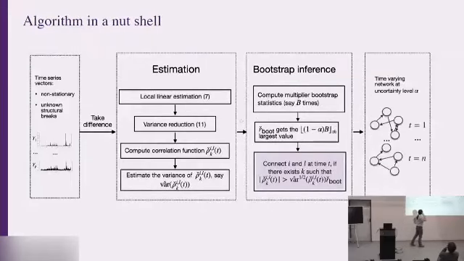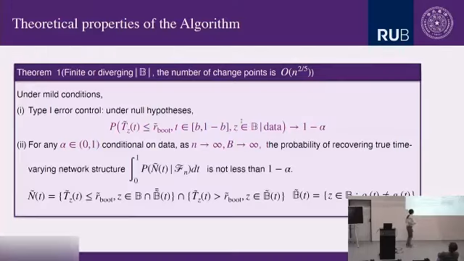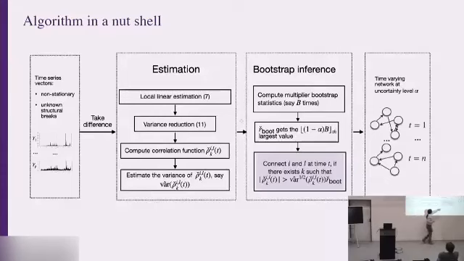Finally, we show that this whole approach and this time-varying threshold lead to a valid inference procedure. We can uniformly control the type 1 error, where T here is the normalized correlation and R is the bootstrap quantile, which also appears here.